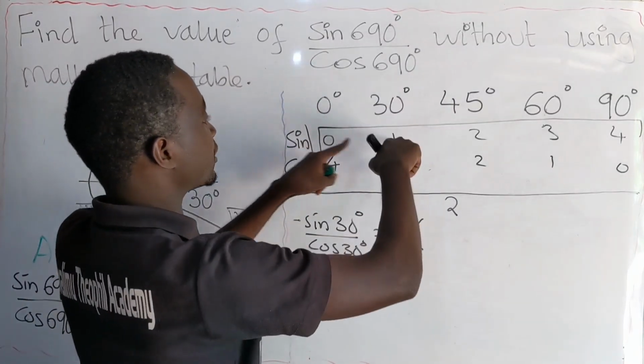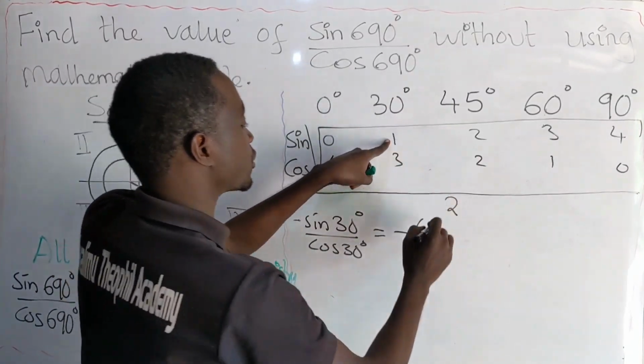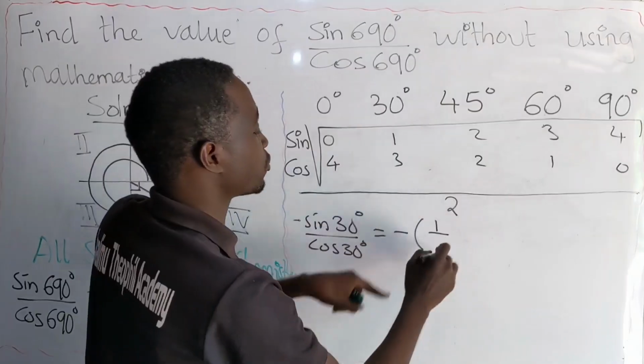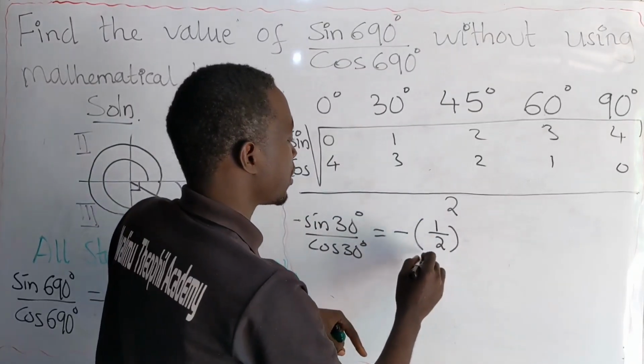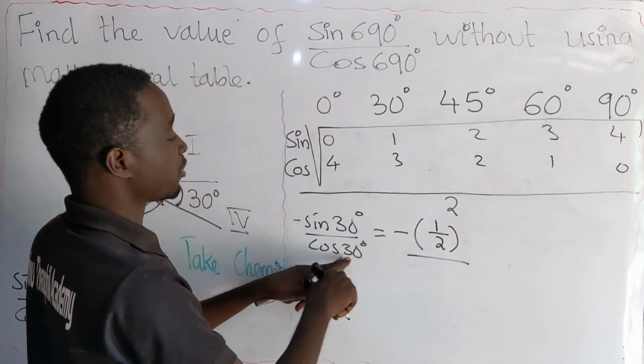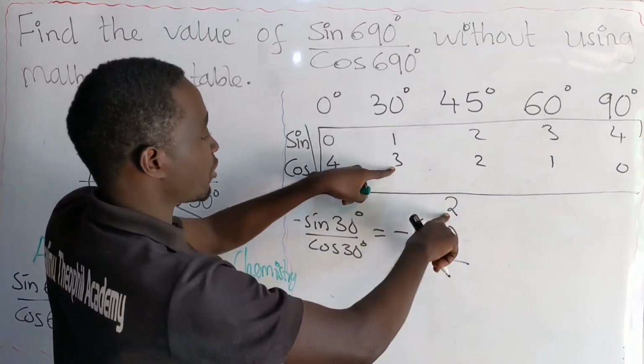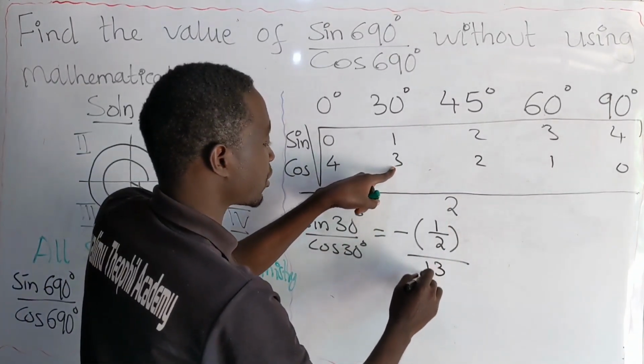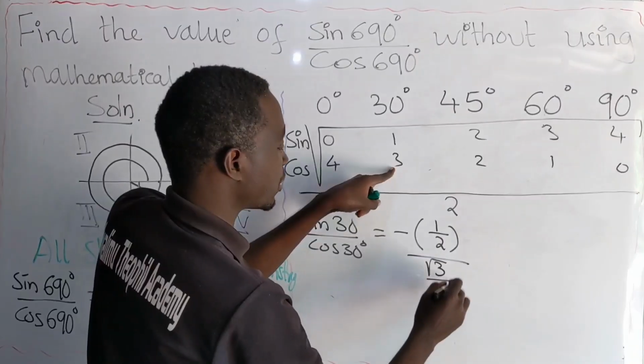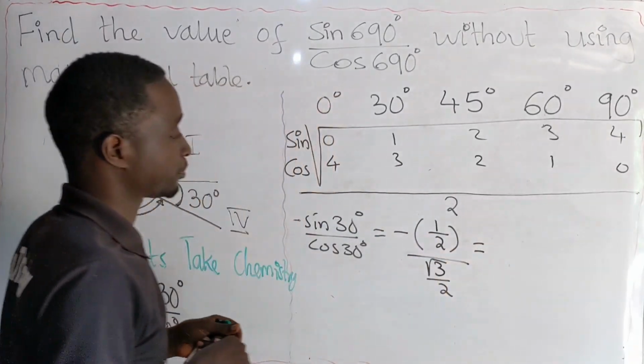Sine of 30 degrees is the square root of 1, which is 1, divided by 2. We divide by cosine of 30. Cosine of 30 degrees is the square root of 3 divided by 2.